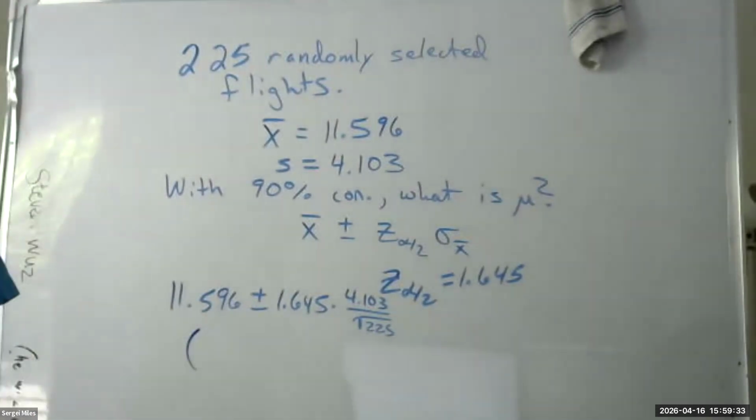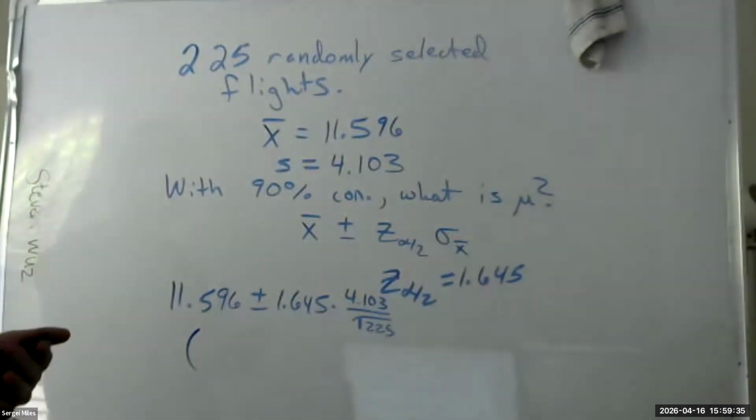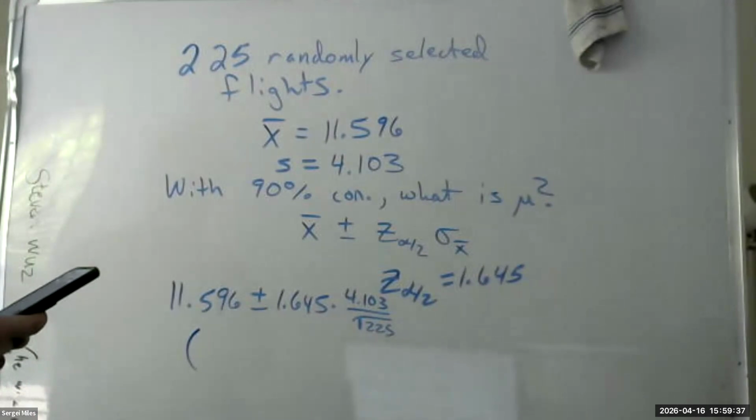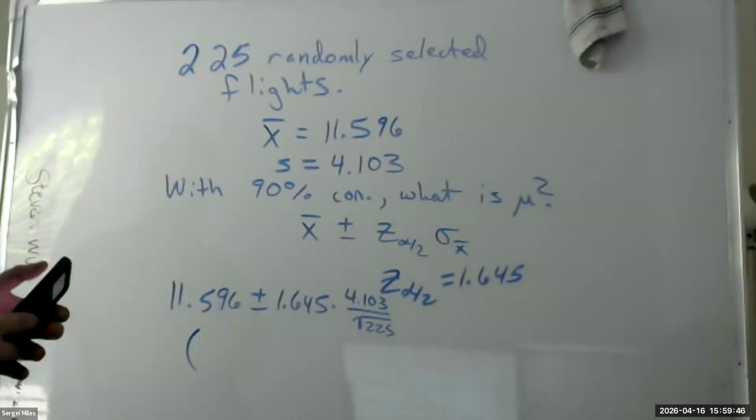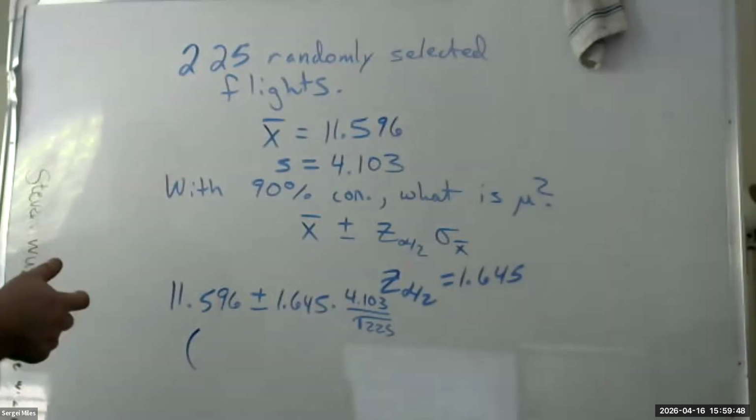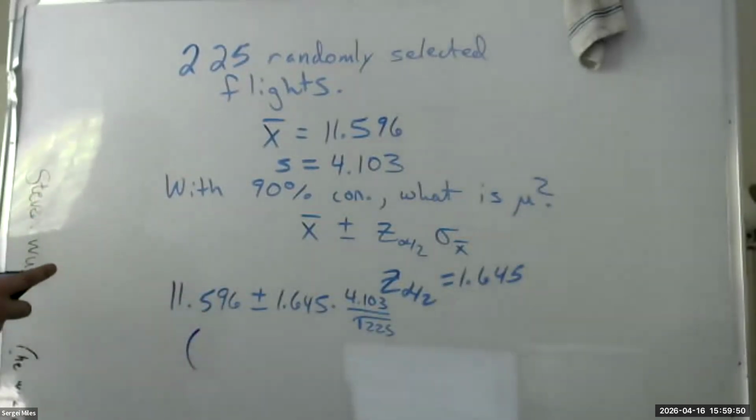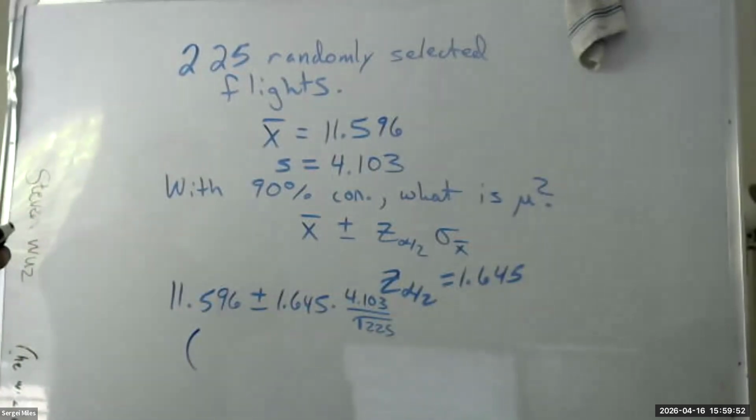All right, so we look at the bottom number. We have here 11.596 minus 1.645 times, we got this fraction here, make sure that's in parentheses, times 4.103 divided by the square root of 225.